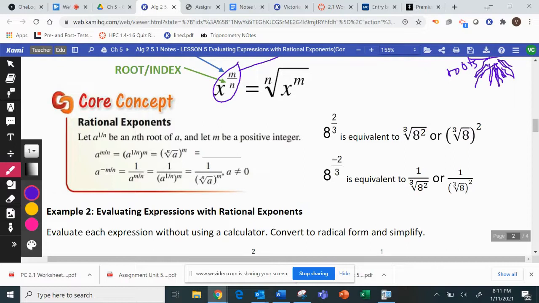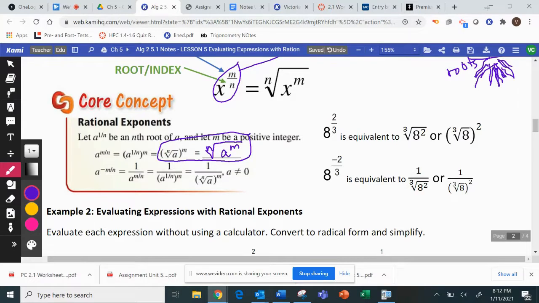We can rewrite a to the m over n as a to the 1 over n to the m power, which we can rewrite as the nth root of a, that whole thing to the m power. And then we can also rewrite this as the nth root of a to the m. So these two are equivalent.